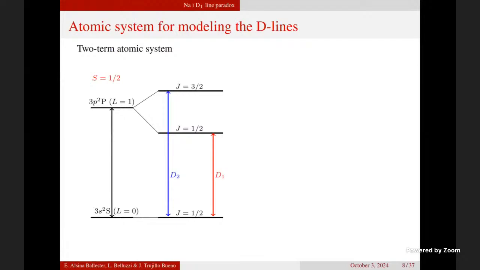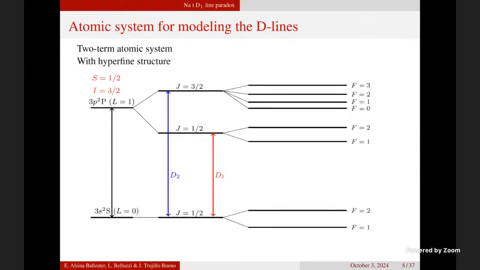Now, for the D1, both the upper and lower levels have J equals 1/2, which means they can only have magnetic quantum numbers 1/2 and -1/2. For this reason, they cannot carry the atomic polarization necessary to produce the linear polarization. However, in atoms such as sodium, we also have nuclear spin and therefore hyperfine structure.